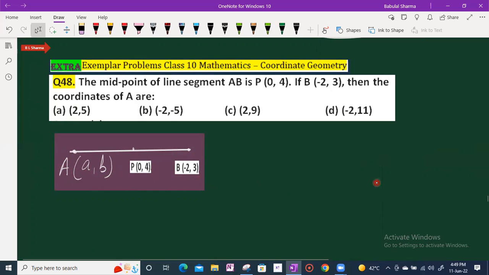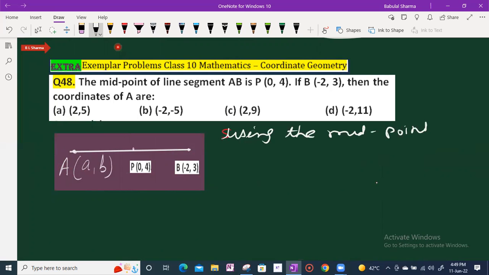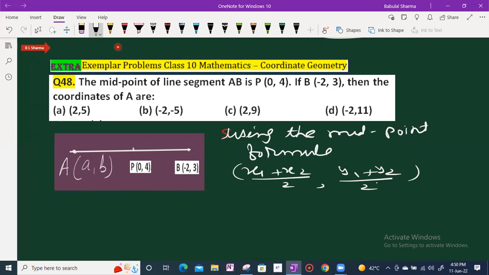Since P is the midpoint, using the midpoint formula, the x coordinate is given by x1 plus x2 by 2, and the y coordinate of the midpoint is given by y1 plus y2 by 2.